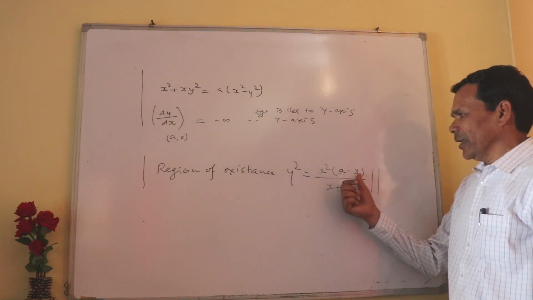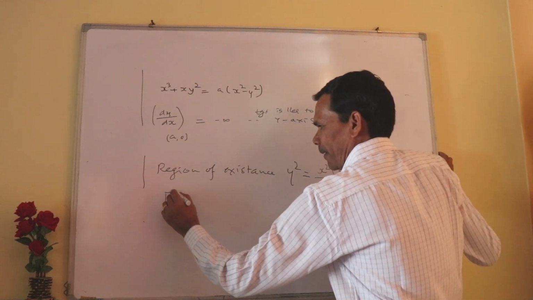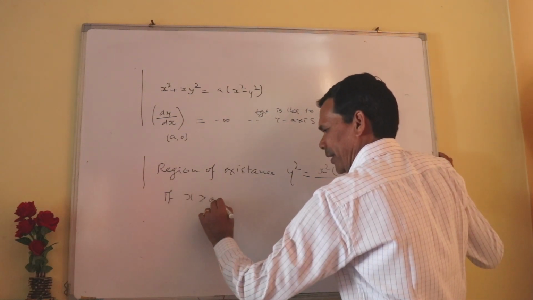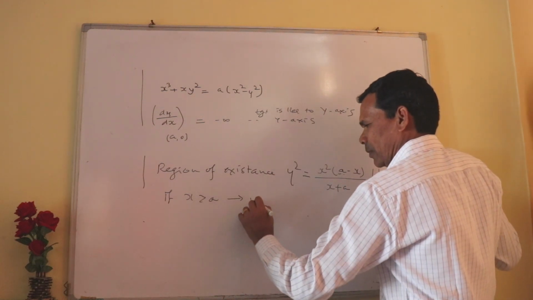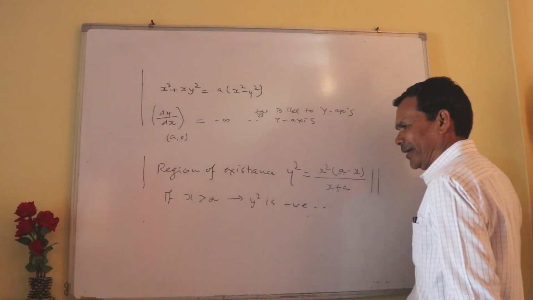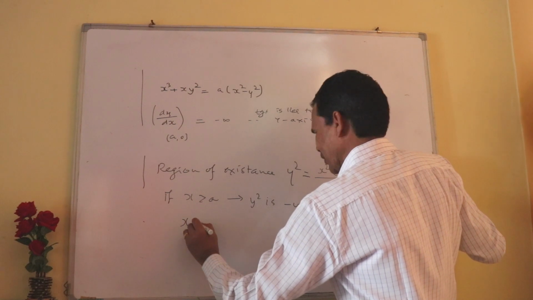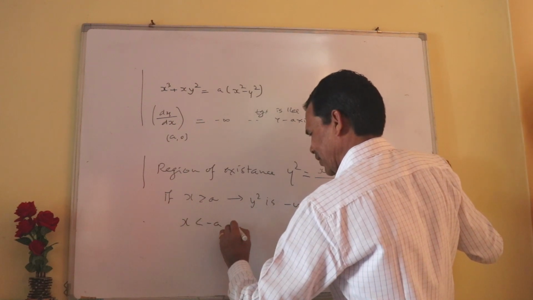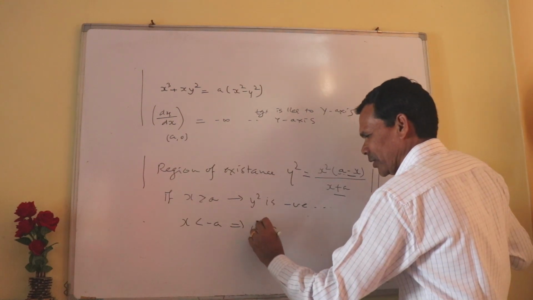Now if x is greater than a, y square becomes negative. So no curve exists for x greater than a. Similarly for x less than minus a, y square is negative.